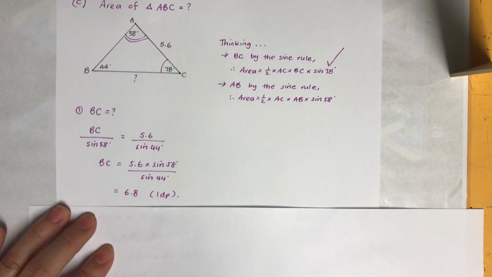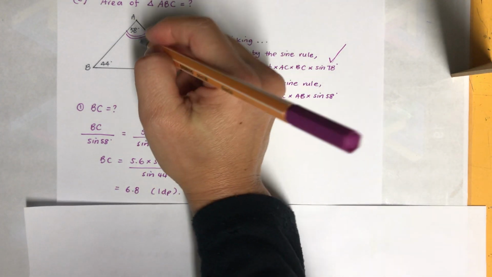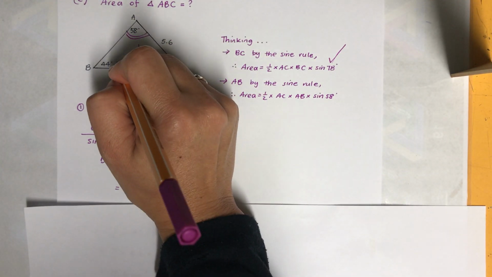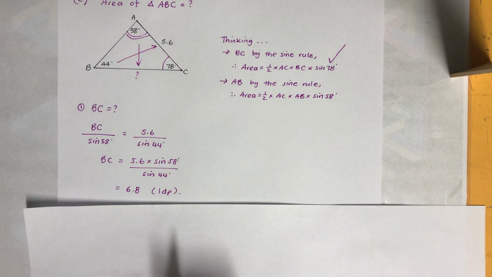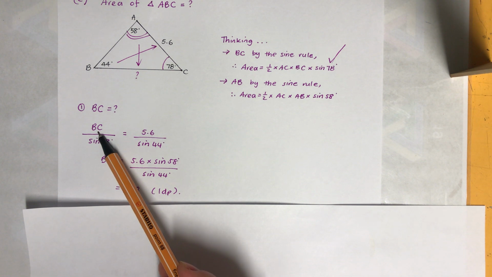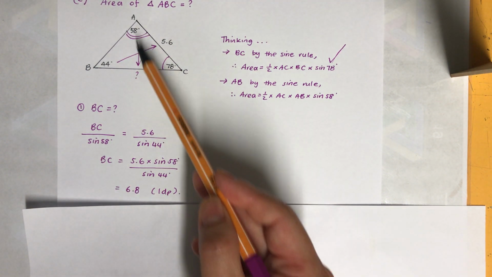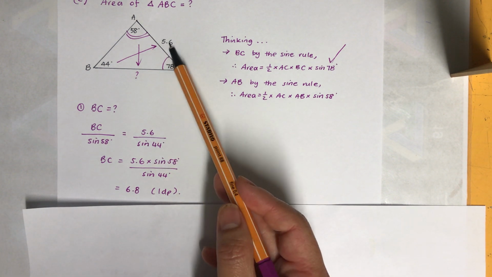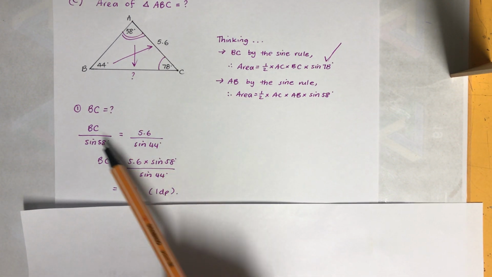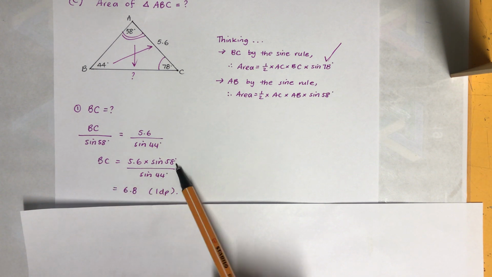So I have to find the BC first. BC using the sine rule. So I've just matched up. The unknown side comes on the top. So BC over sine 58 matching. And then 5.6 matching with the sine 44. I'm going to make the BC the subject by timesing by sine 58 on both sides.